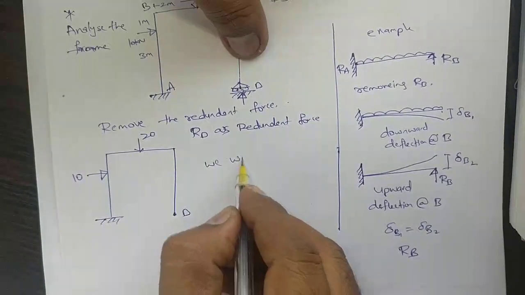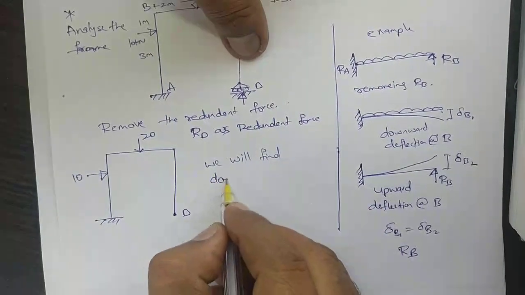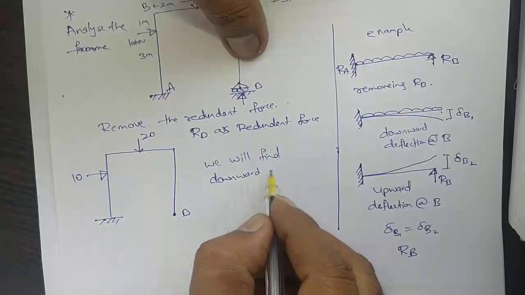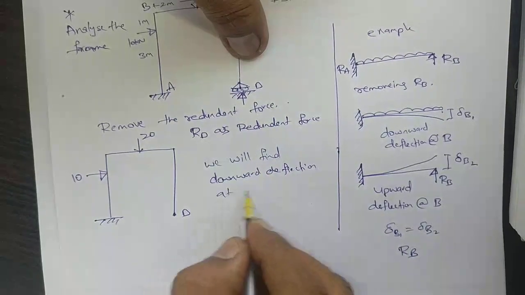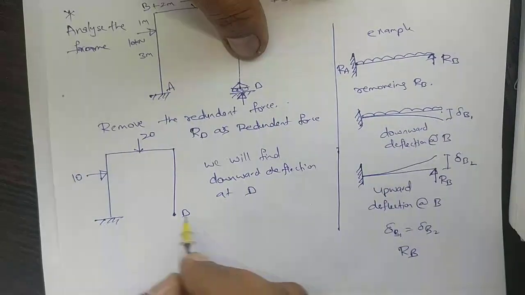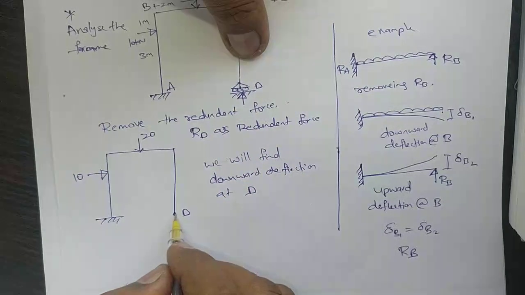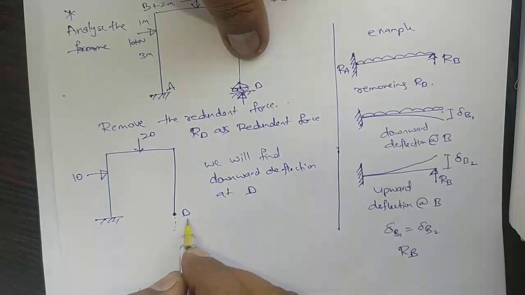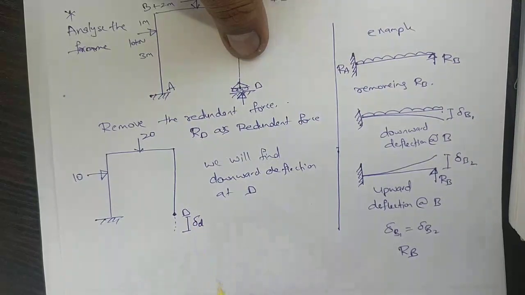We will find the downward deflection at D. We have removed RD. So at this point, what is the delta D?